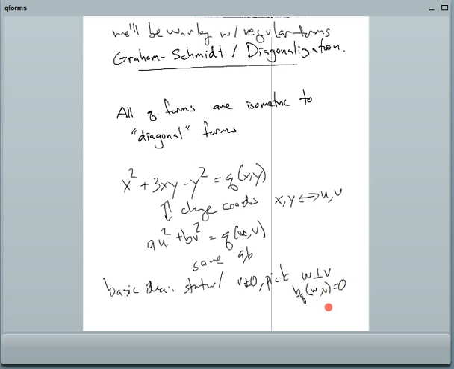That's just what I mean by perpendicular. And why can you do that?